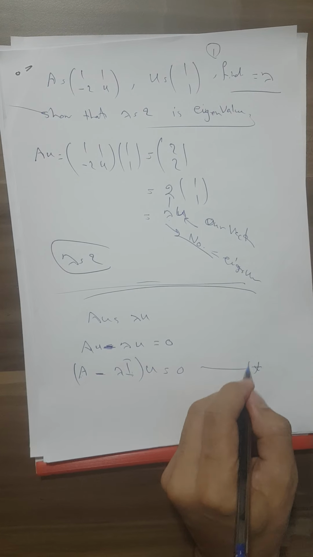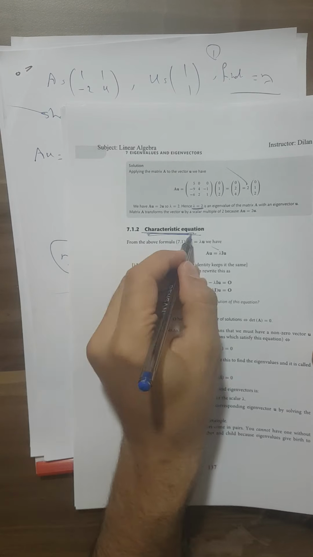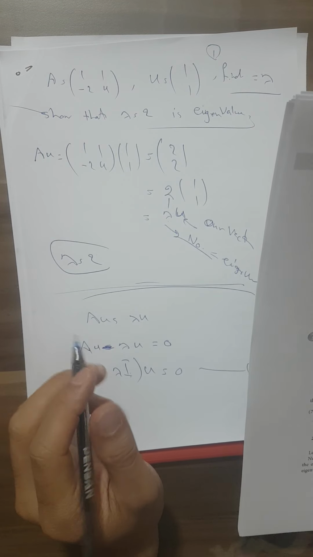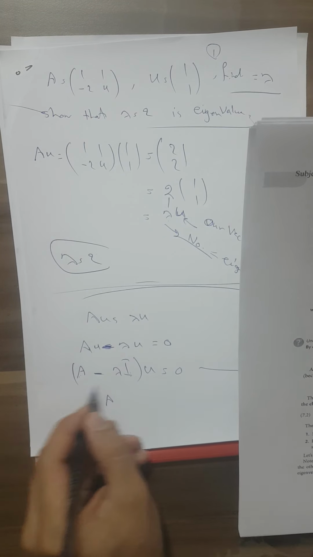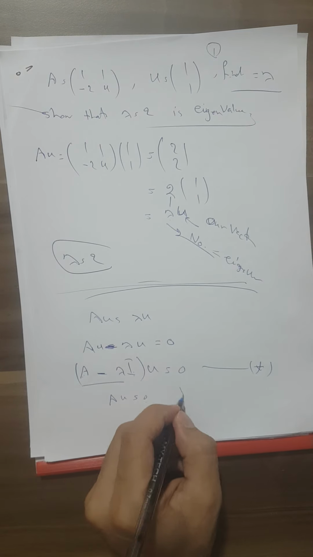This is our important equation, which we call the characteristic equation for eigenvalues. And be sure that if this A minus lambda I times U is equal to 0, it means that it has infinite solutions.